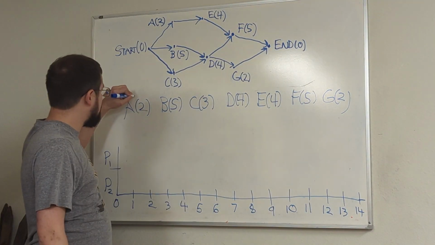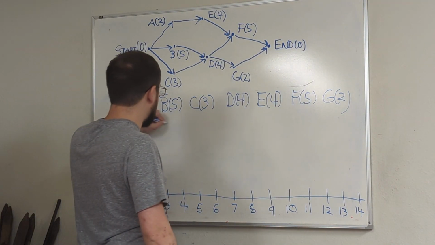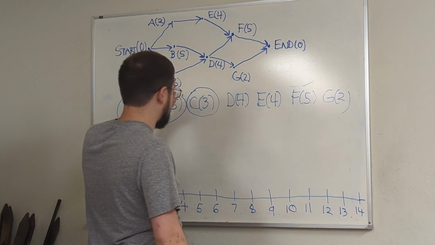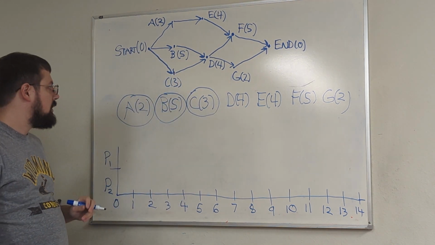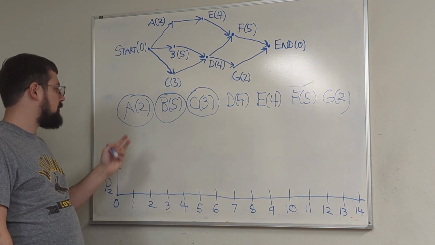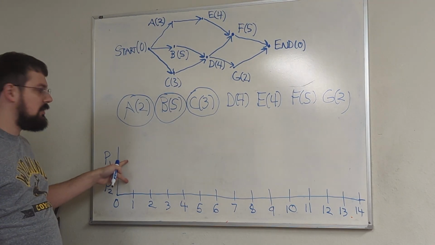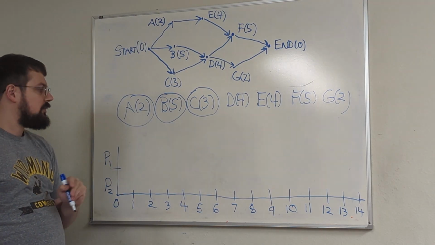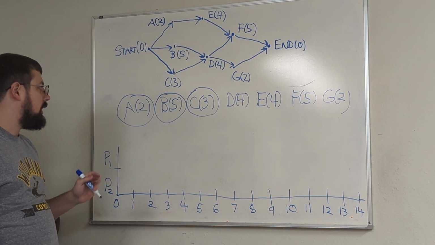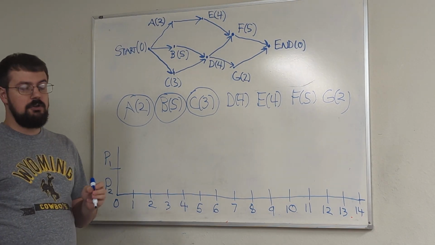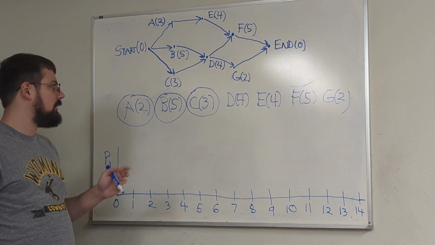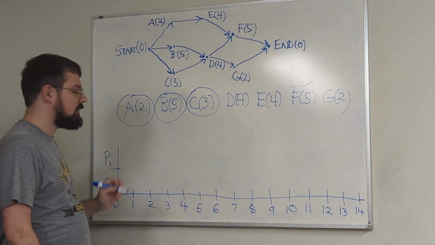When a task is ready, we circle it to indicate that it is ready to be worked on. We have both of our processors, P1 and P2, available, so we assign them the first two tasks available on our priority list, in this case A and B.